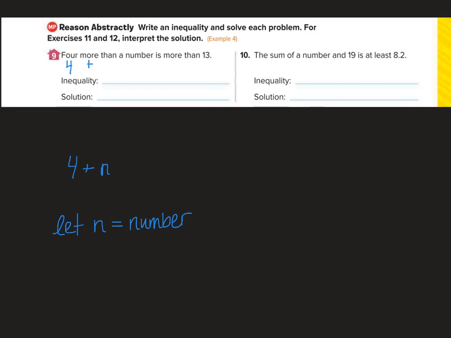Is more than or greater than 13. So my inequality is going to be 4 plus n is greater than 13. And then my solution, if I subtract 4 from both sides, n is greater than 13 minus 4 is 9. So n is greater than 9.